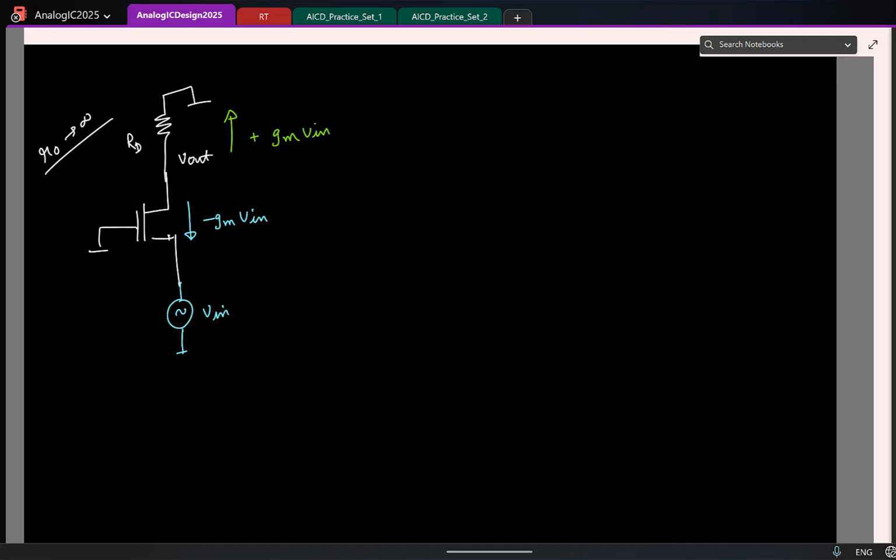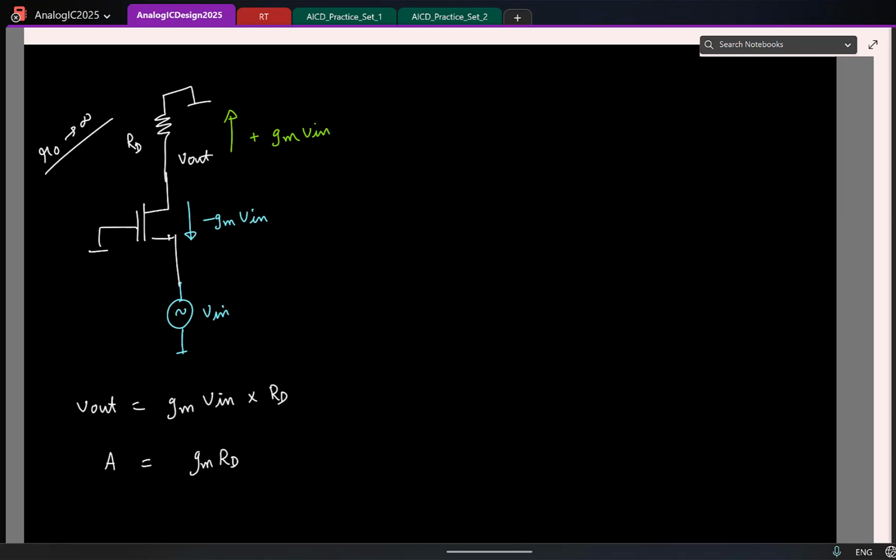So what is my Vout? That is the current Gm Vin times RD. So if you were to call the gain Vout by Vin, that is going to be Gm times RD. So looks like this also can provide voltage gain.